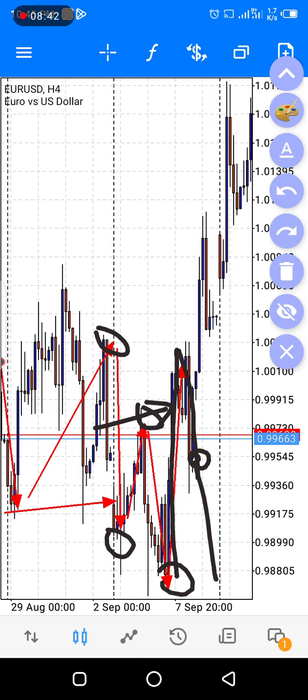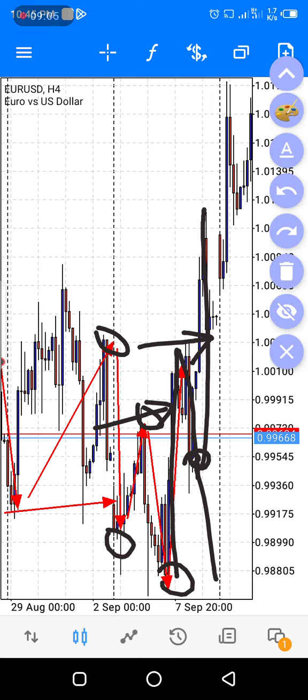Instead, it stopped here. Instead of creating a lower low, price created a higher low. And now what happened next? It pushed up to break this high, meaning there is now a reversal in price. Price is now refusing to go lower.